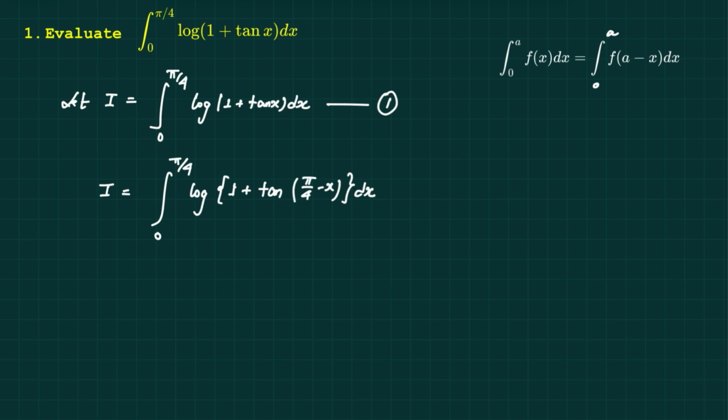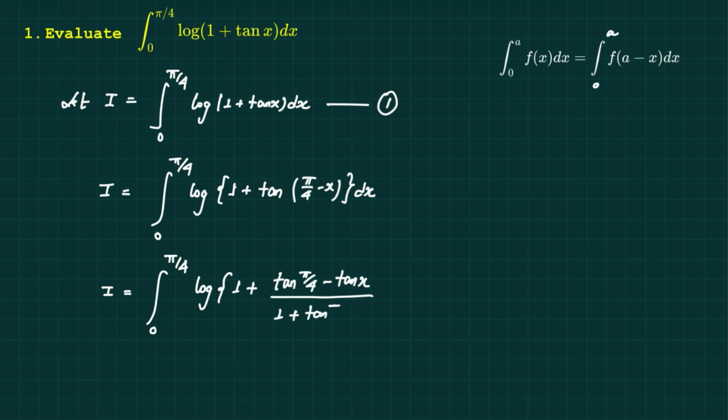So here I equals integration from 0 to pi over 4 of log of 1 plus tan of (a minus b), which is (tan a minus tan b) divided by (1 plus tan a tan b), dx.